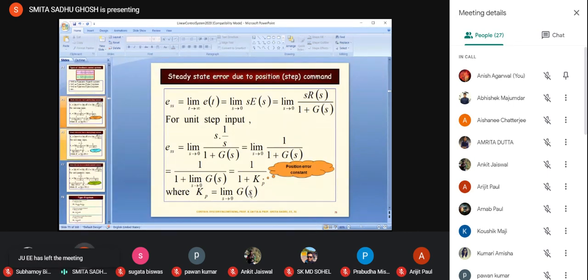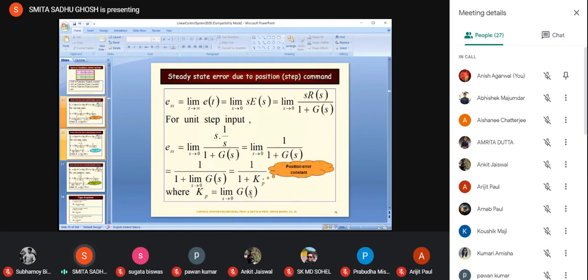But even if you do that, what will happen to the position error constant? The constant value will be different, but it will be a constant, right? So Kp, the position error constant, in case of a type 0 system will essentially be a constant, whether it is a first order system of type 0, second order system of type 0, third order system of type 0, etc. So a type 0 system will yield a constant steady state error, is what we can say.